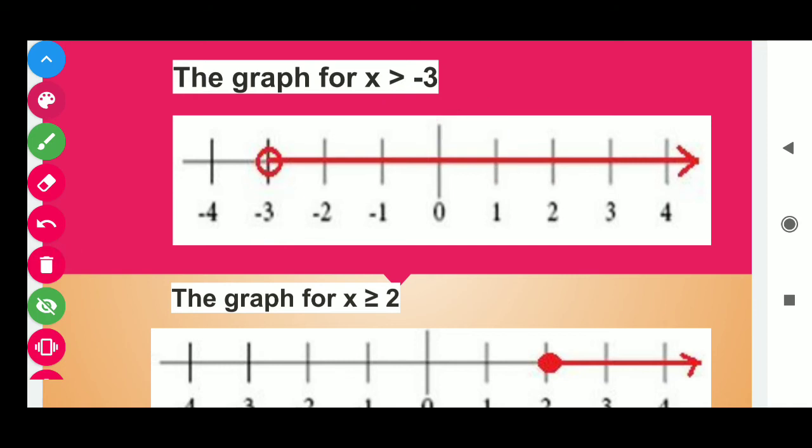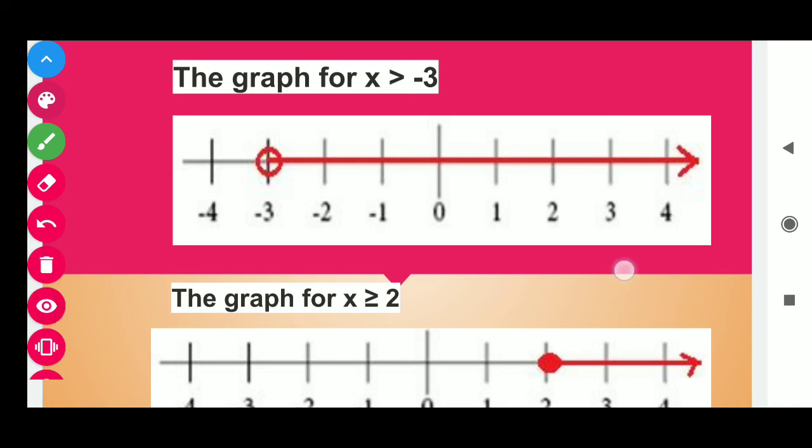Also you can observe that this arrow sign indicates that x is greater than minus 3. If we move in the right direction, then you can see that the value increases.